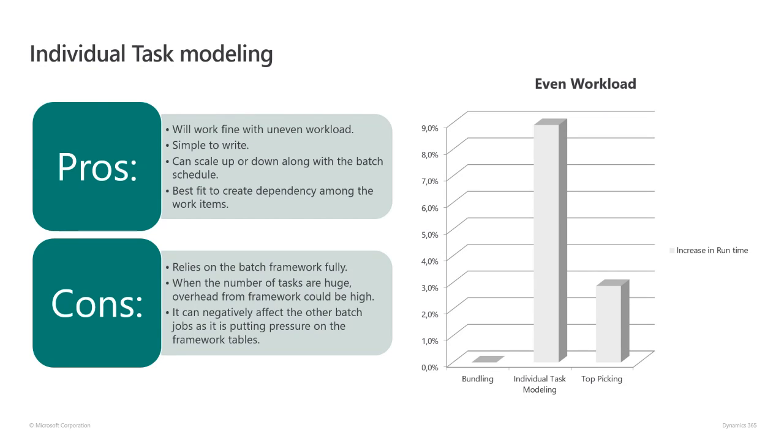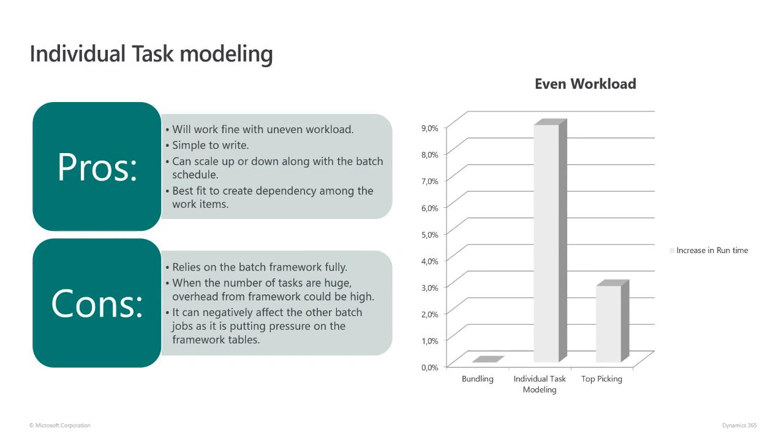We have, for instance, based on really early versions and previous versions of the product, there we had, for instance, MLP running on this individual task modeling. Some other pros and cons for this approach are that individual task modeling will work fine with uneven workload. And of course, it is really simple to write. There's not much custom or complex logic which you need to apply for grouping here.